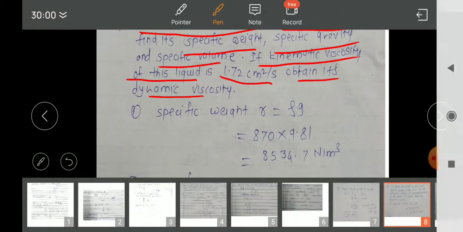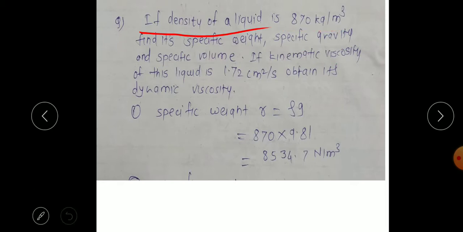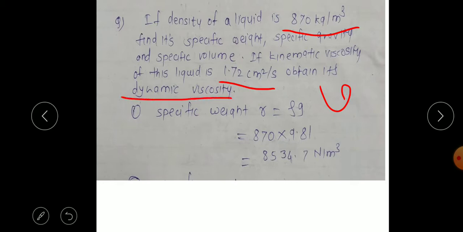So the given data is density rho equal to 870 kg per meter cube, and the kinematic viscosity nu is given as 1.2 centimeter square per second, that is in Stokes. We have to find its dynamic viscosity, specific weight, specific gravity and specific volume.